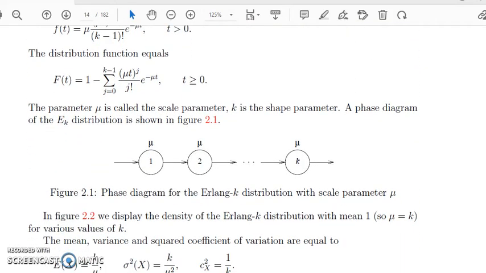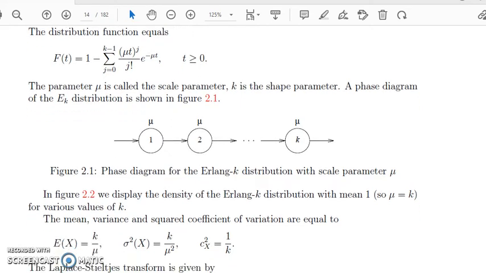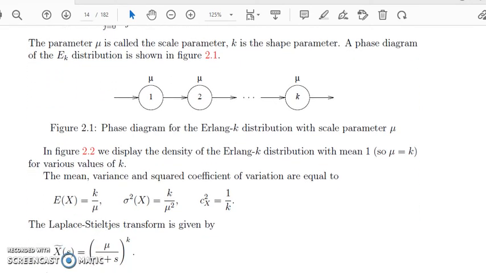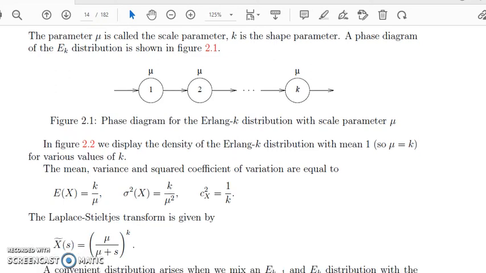This parameter mu is called the scale parameter. k is the shape parameter, and a phase diagram of the Erlang k distribution is shown in figure 2.1. Phase, k mu, will continue until k.